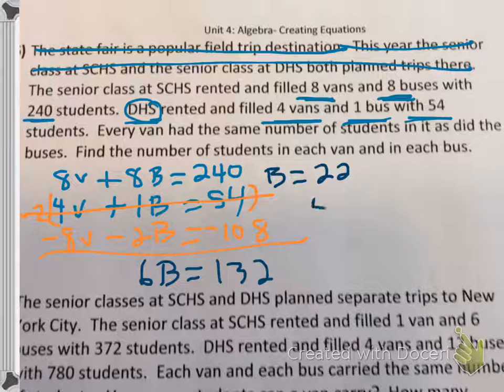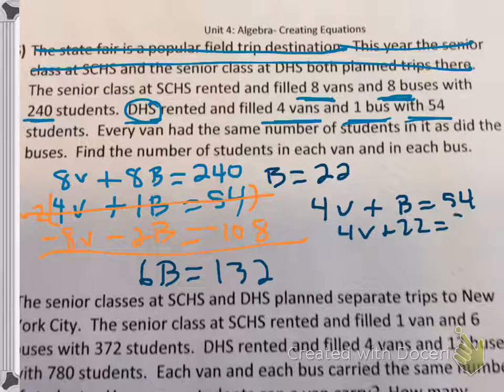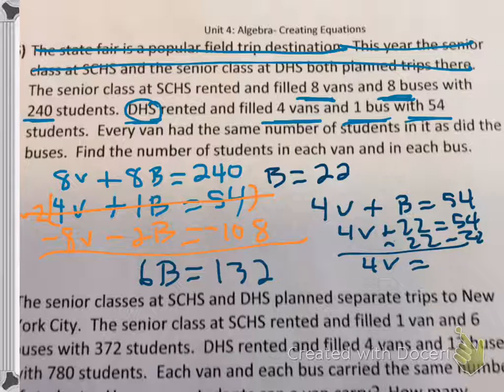So I'm going to use the second one this time. 4v plus b equals 54. So if I have 4v plus 22 equals 54, I'm going to subtract that 22 to the other side, and I get 4v equals 32. Divide both sides by 4, and v equals 8. So 8 people in the van, 22 people in a bus.